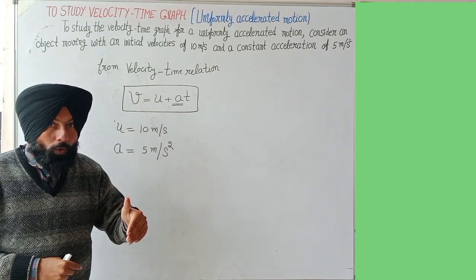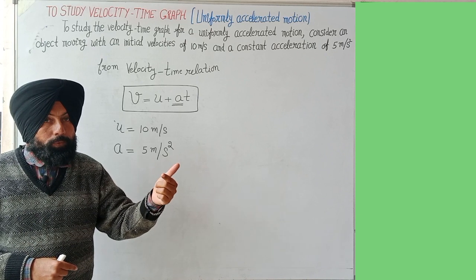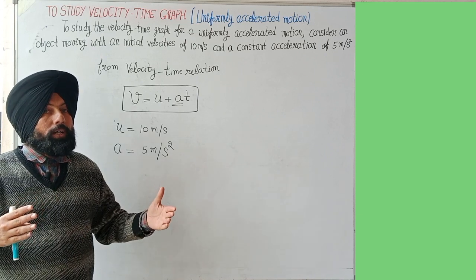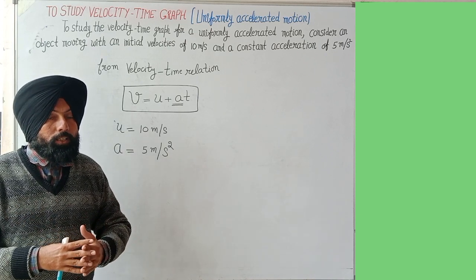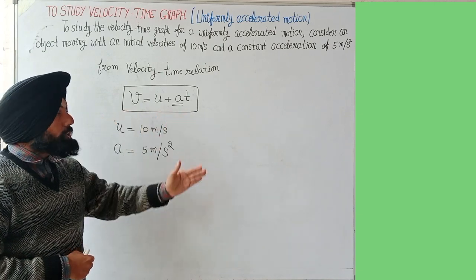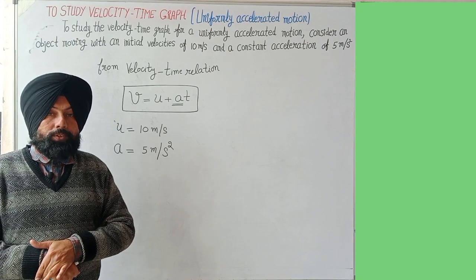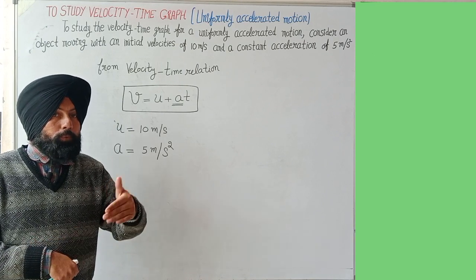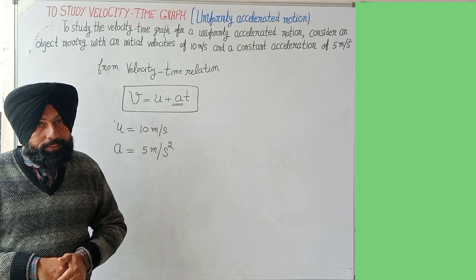We will draw the graph and observe what the shape of the graph will be. Now first of all we will solve these equations for time 0, 1, 2, 3, and so on, in seconds.